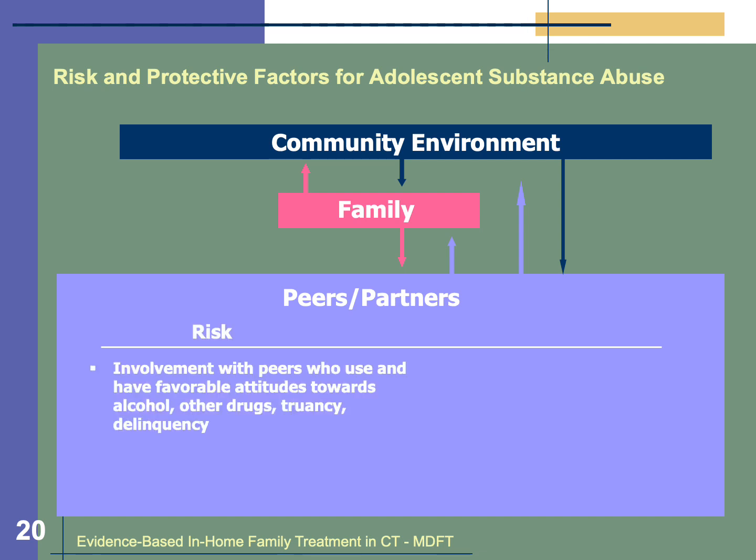So basically, if you have peers who are involved in problematic behaviors or think it's good to be high and drunk, they're going to influence the family environment and the community. And it might be through the identified child. If you have kids who are stealing or not monitored, it increases the likelihood that will happen with the child that you're working with.